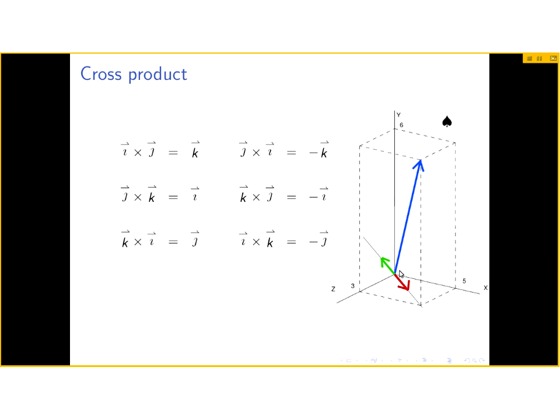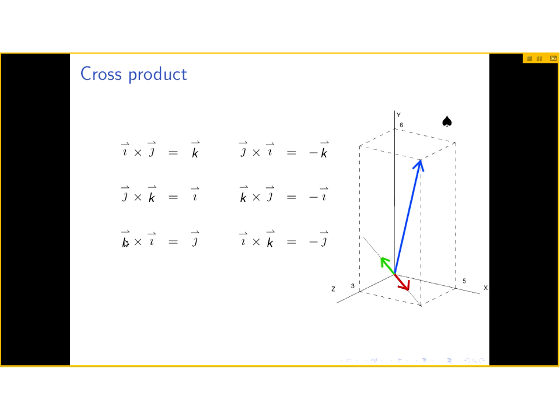In the same way, if I hold my right hand in the half fist in such a way that the unit vector J goes through my hand from the palm side to the back side, and my fingers span the angle of 90 degrees between the J and the K unit vectors, my thumb will be pointing in the positive X direction, or in the I direction, which then confirms this identity.